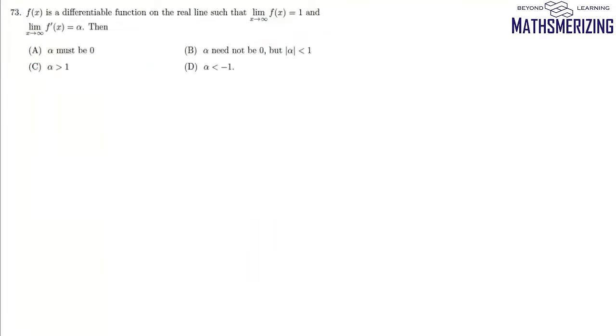Now question number 73 is, if a function f(x) is a differentiable function such that limit x tends to infinity f(x) is 1 and limit x tends to infinity f dash x is alpha, we need to find the value of alpha. Now what we'll do is we can write f(n plus 1) minus f(n) as f(n plus 1) minus f(n) upon (n plus 1) minus n.